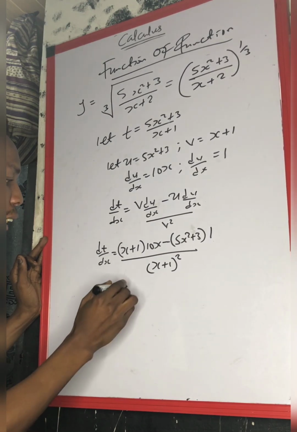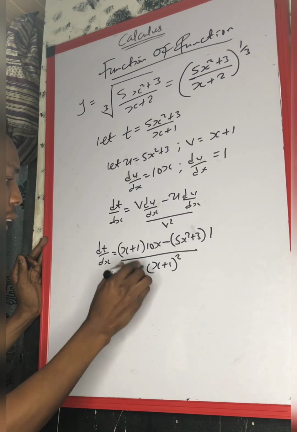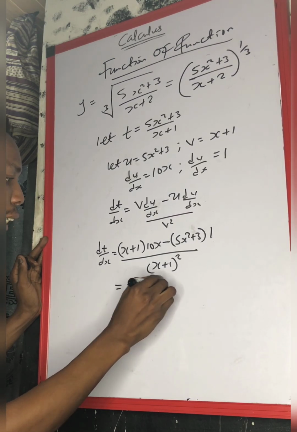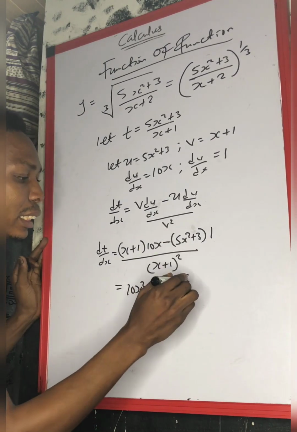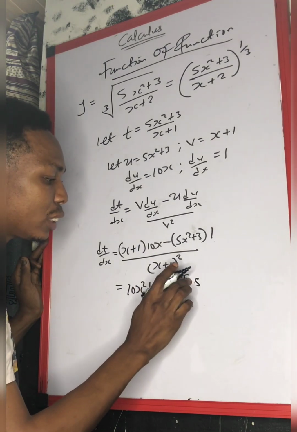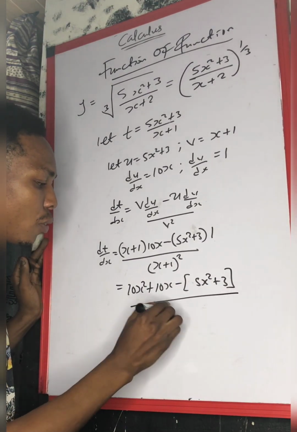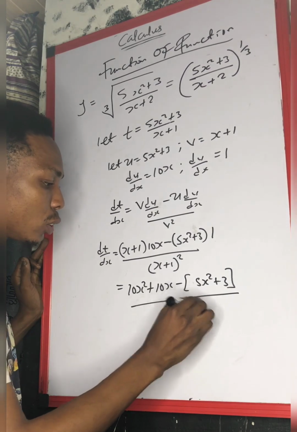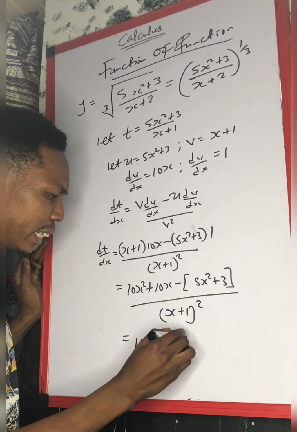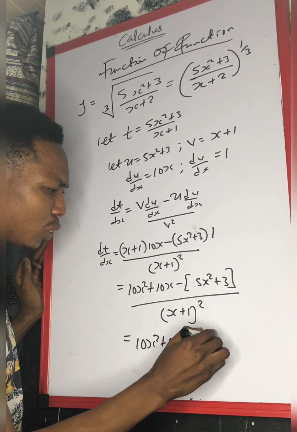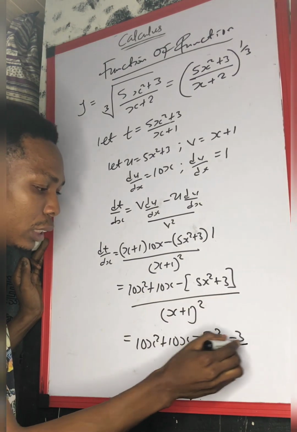So this time around, this is 10s times s is 10s squared. 10s times 1 is 10s. 1 times minus 5s squared, then plus what? 3. Then all over (s plus 2) all squared. So from there it becomes 10s squared plus 10s, then minus 5s squared minus 3. What happened? I use this minus to open up the bracket.